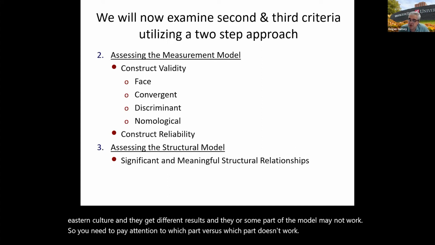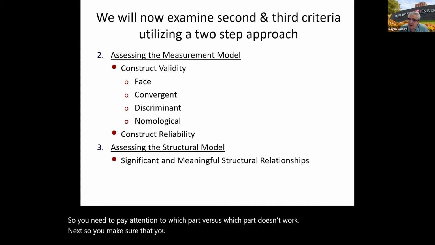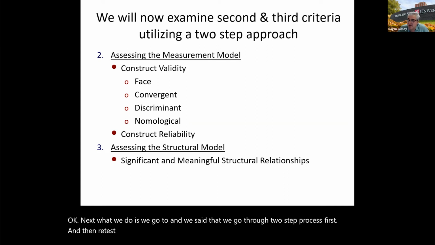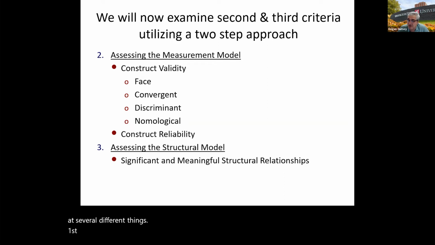Next, you make sure that you have good fit. You have a good model. Okay, next, we go through a two-step process. First, measurement model, and then we test the structural model. And when we assess the measurement model, we look at several different things. First, construct validity.